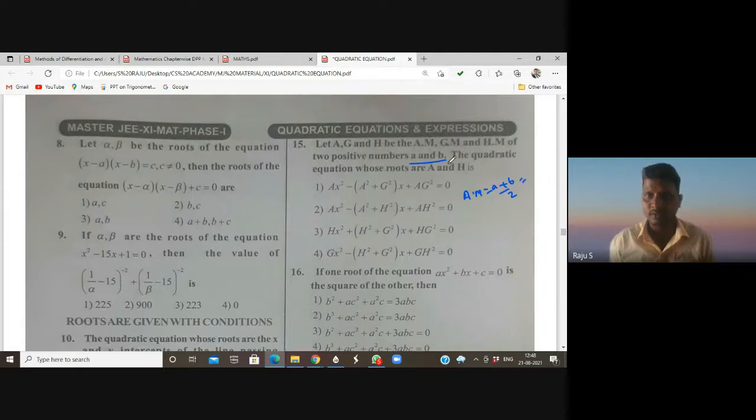That is nothing but the quadratic equation whose roots are A and H. Geometric mean GM is root AB, and HM means 2AB by A plus B.